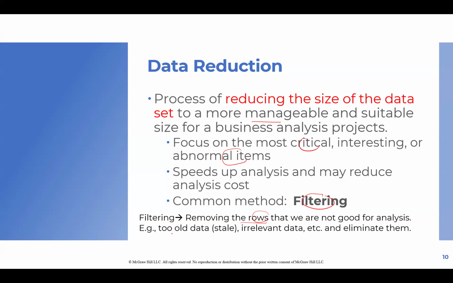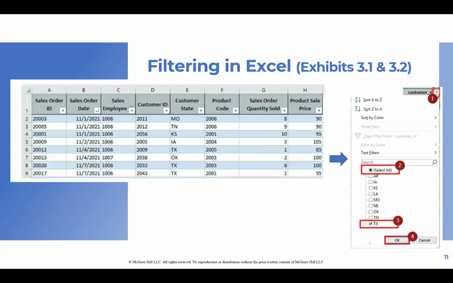Sometimes it is too old data. For example, the data is of 1920. It's not relevant. If you're collecting the price of a car, the car price in 1920 is obviously an outlier. That's stale data too, because it's very old data. Irrelevant data, you eliminate. So reduce it.